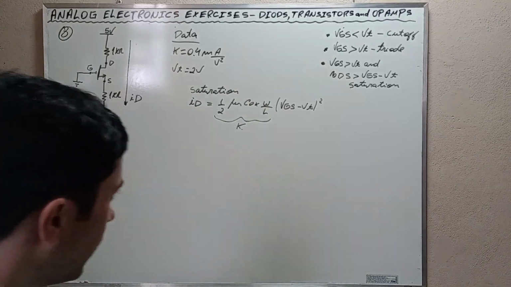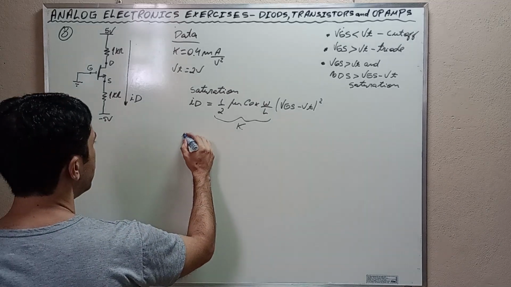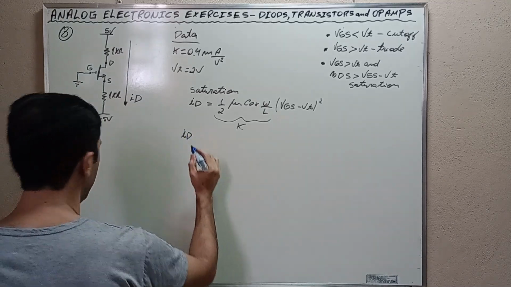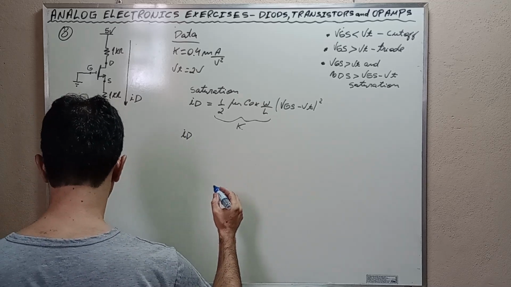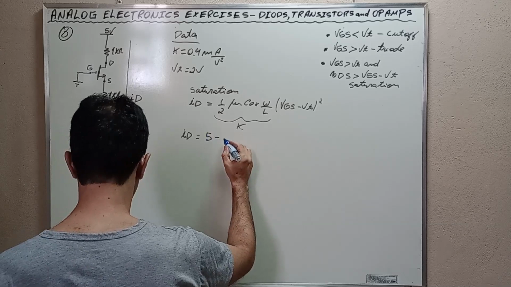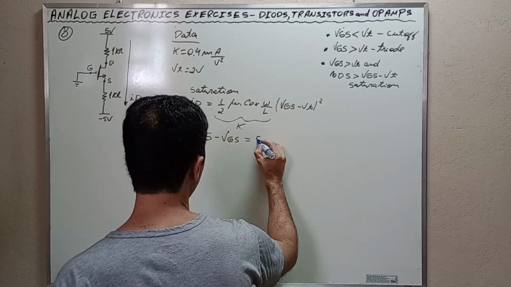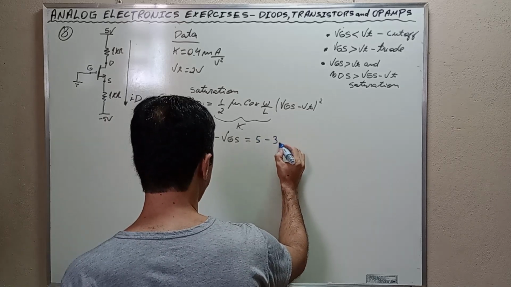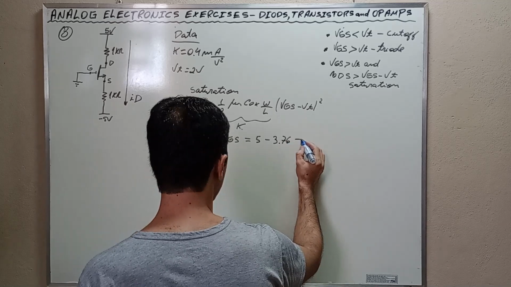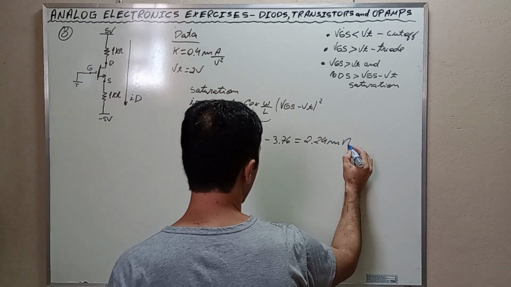Okay, now that we've established that VGS has to be 3.76, returning to the equation of ID that we had here, we find that ID is equal to 5 minus VGS, which is equal to 5 minus 3.76, which is equal to 2.24 milliamps.